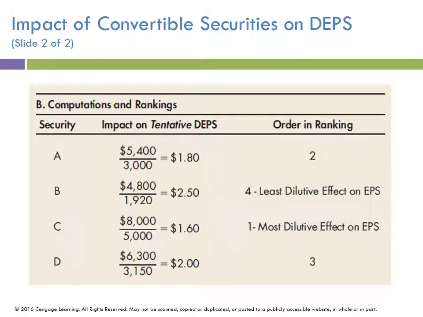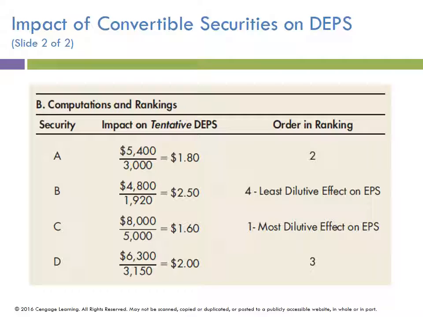What we will do is take the amount of the dividend that would impact the earnings per share because we wouldn't have paid it. There would have been $5,400 more, and divide it by the number of shares we would be adding.